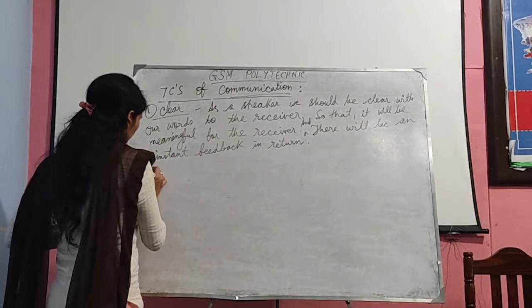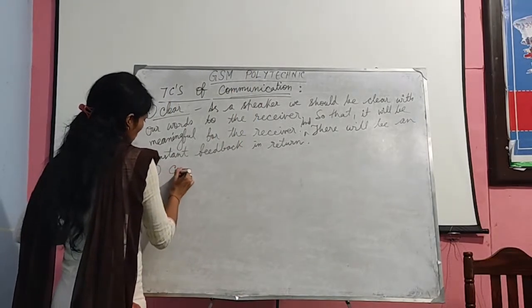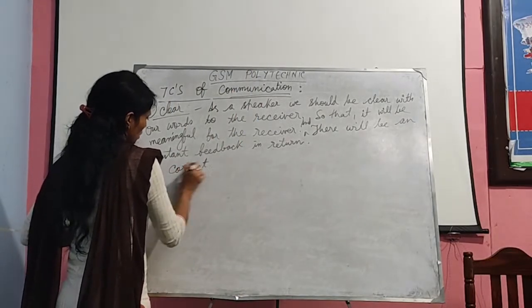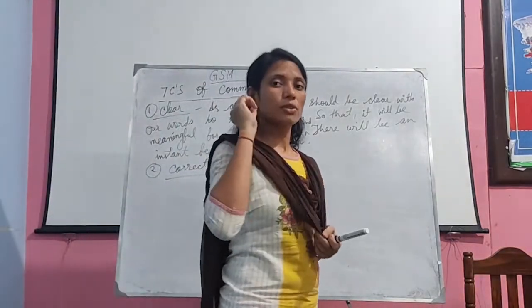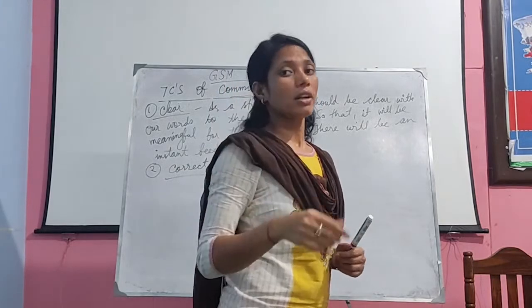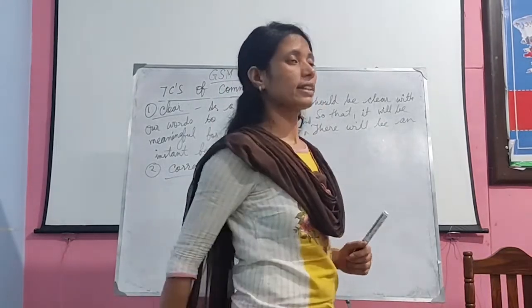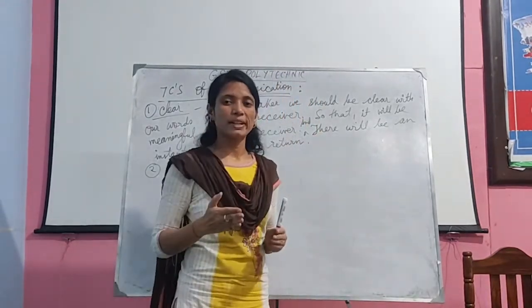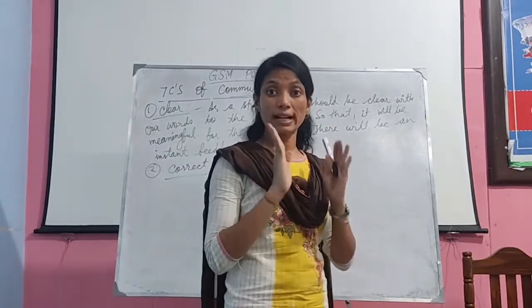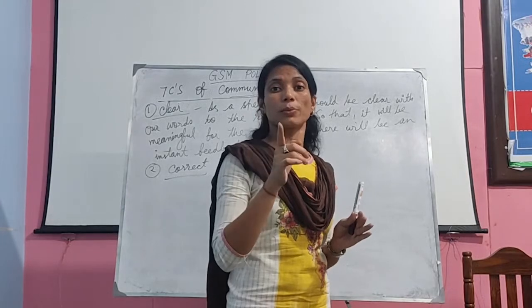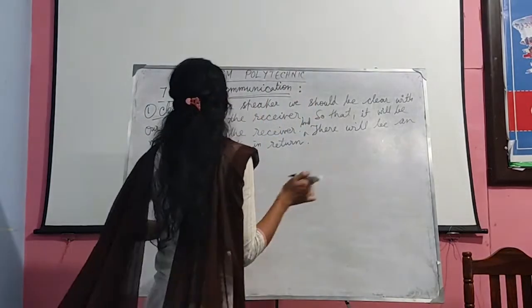Now number 2. Correct means true or right. Like this, thumbs up. So whenever we deliver any message to the receiver, it should be correct. No false information we should give.